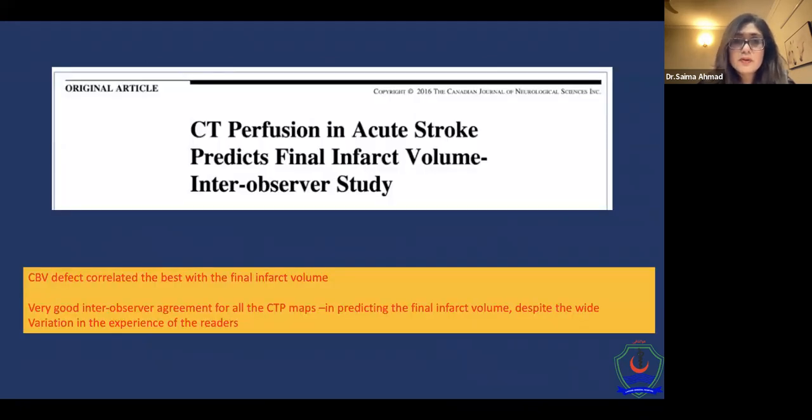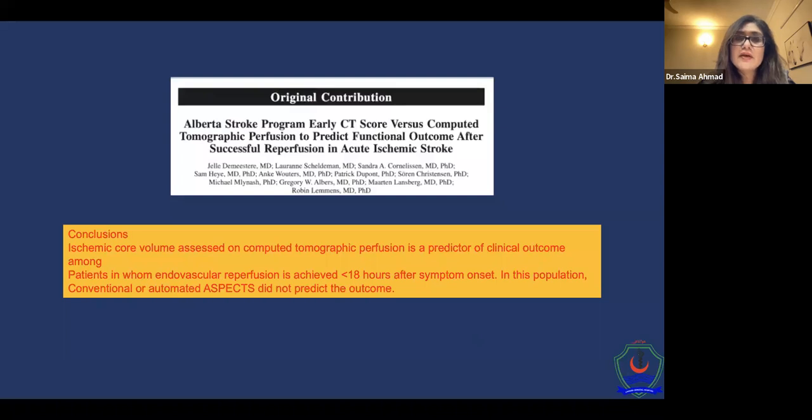We have a number of publications already proving that the CTP predicts the good and the bad outcome. And secondly, it also tells us the accurate values of the core and the penumbra.